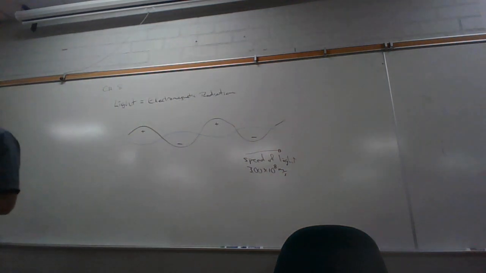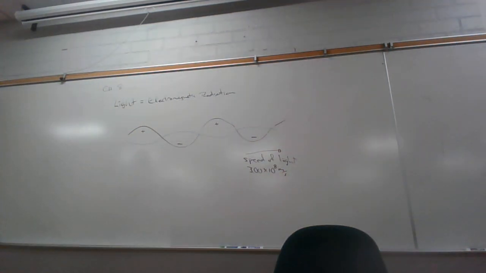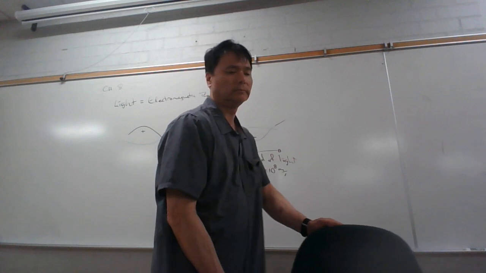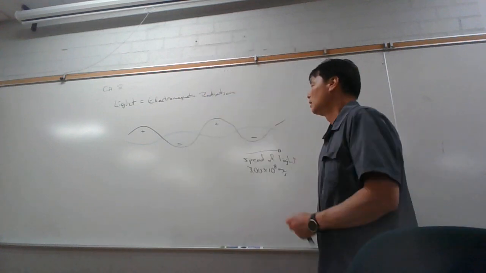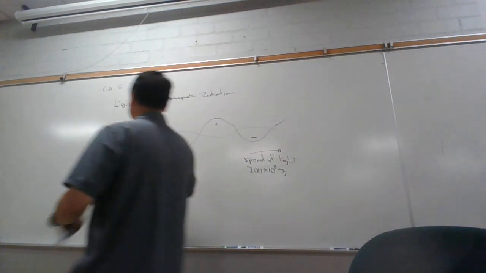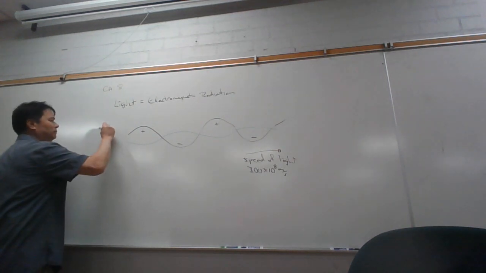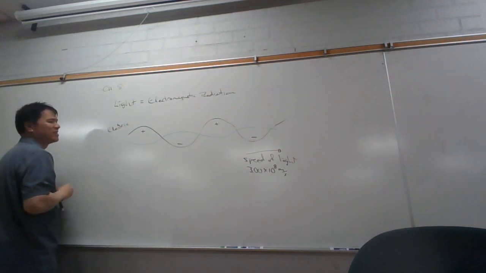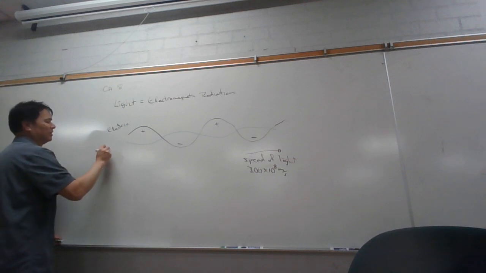And so light moves extremely fast, much faster than sound. So we have the oscillating electric field, and then we have this oscillating magnetic field.